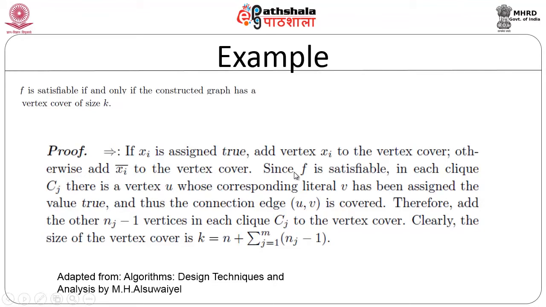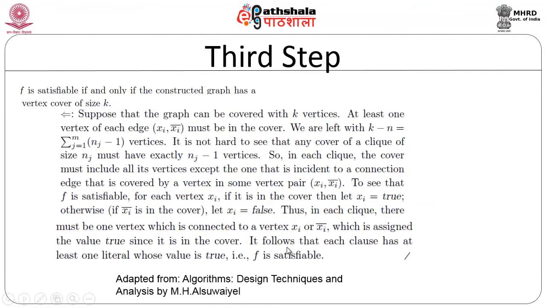So, if f is satisfiable, then there will be a vertex whose corresponding literal is assigned the value true. That means the edge (u, v) is covered. Therefore, all the nj minus 1 vertices will be added from each clique Cj to the vertex cover. So, clearly, the vertex cover is going to be like this.